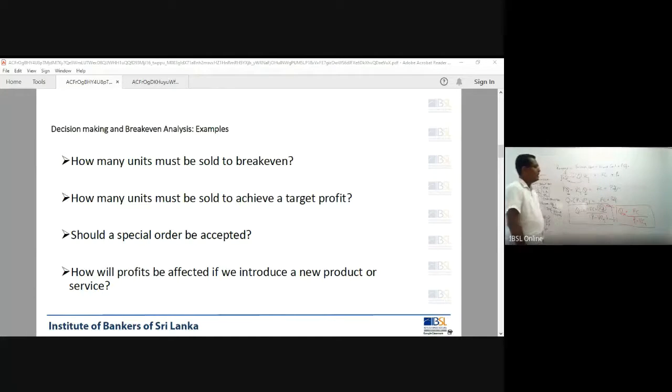This is the profit I need. So fixed cost plus 10,000 divided by contribution per unit. So when we are finding out the quantity required to sell to get the required profit, we consider that profit as a fixed cost. We add that profit to the fixed cost and divide by price minus variable cost per unit.